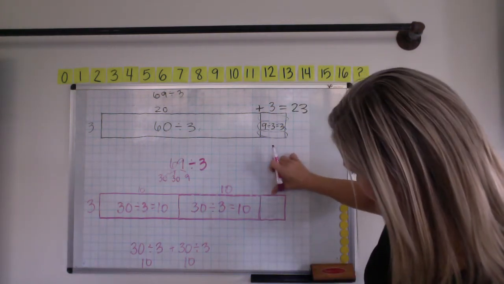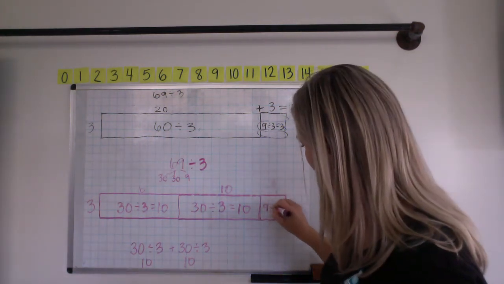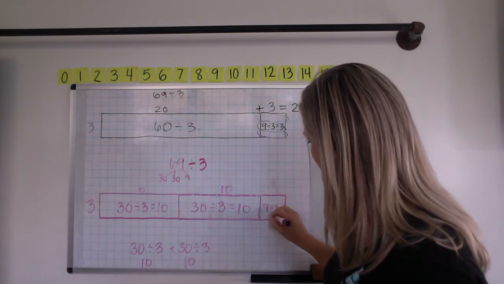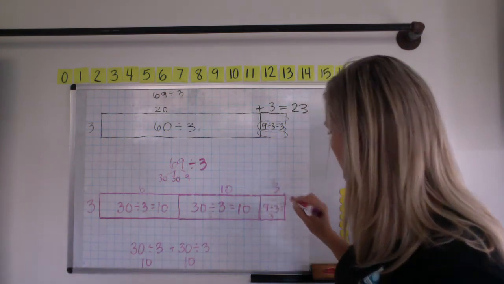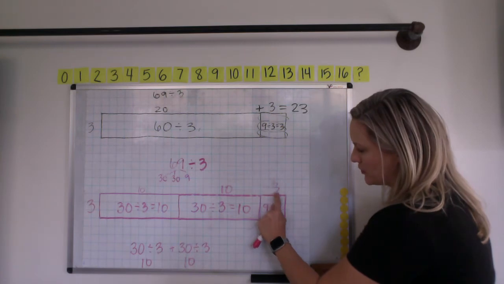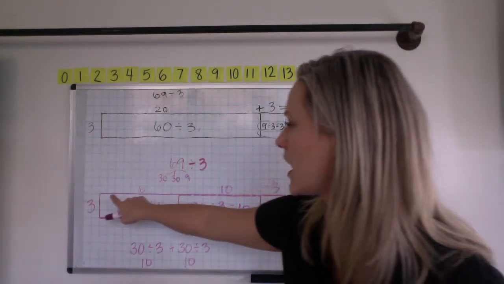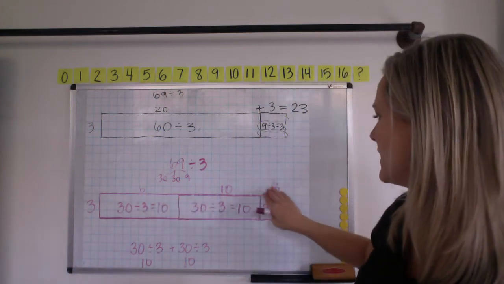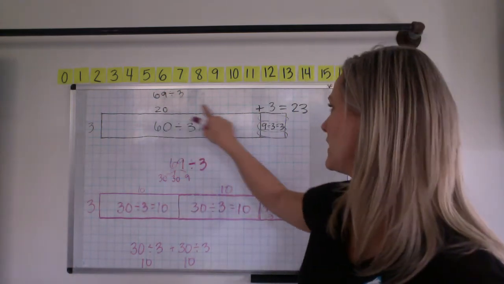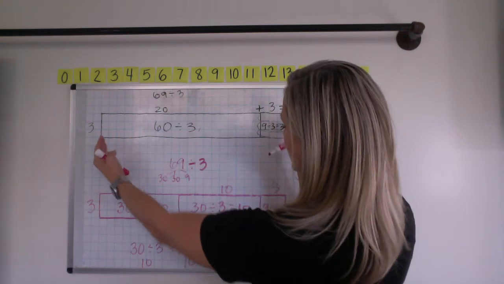Oops. I should have put that in there. 9 divided by 3 equals 3. And the 3 goes up top. See, it's 1, 2, 3. That matches that number. That's where the quotient is, up top. 10, 10, 3, that's 23. See how closely these are connected?